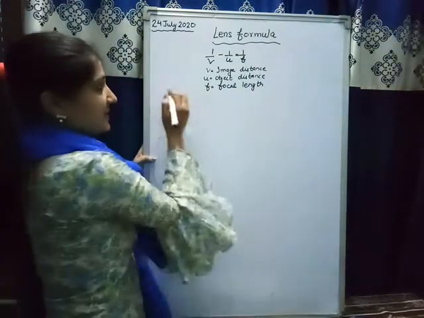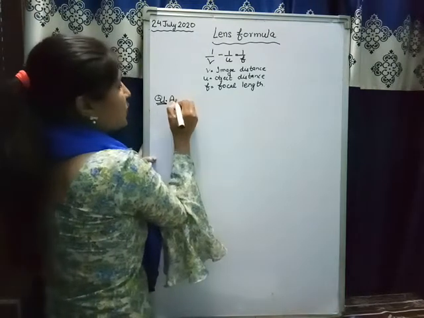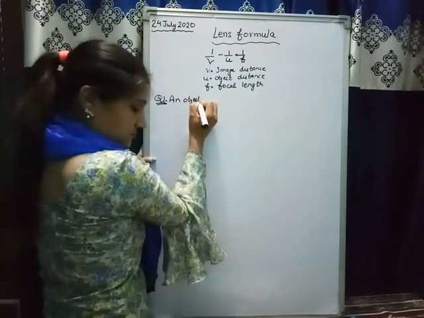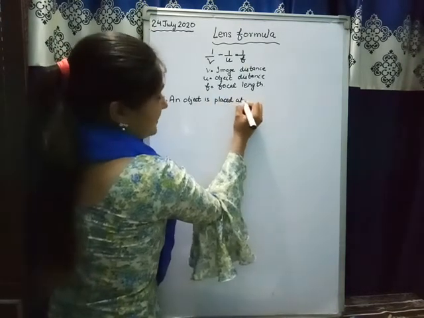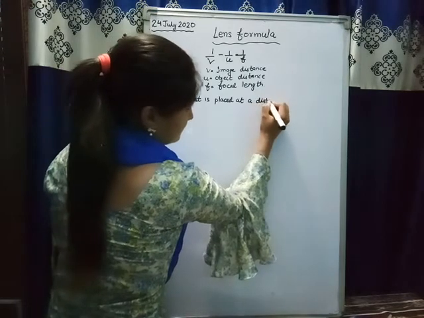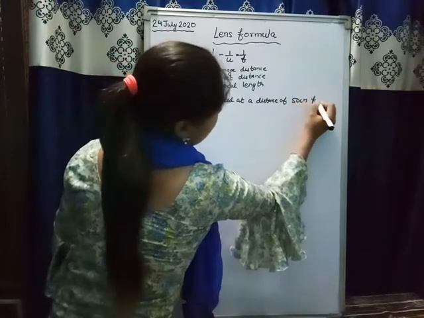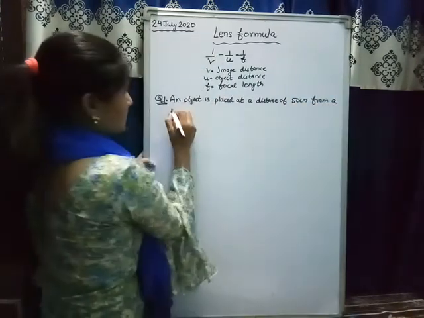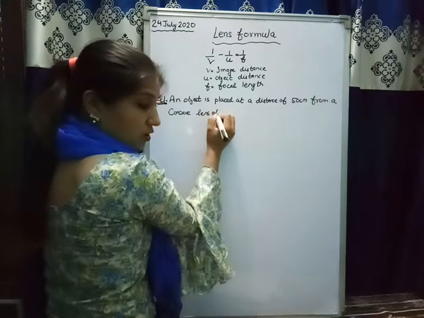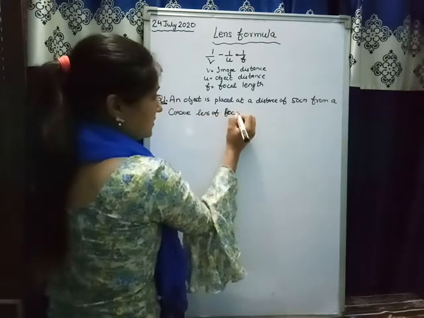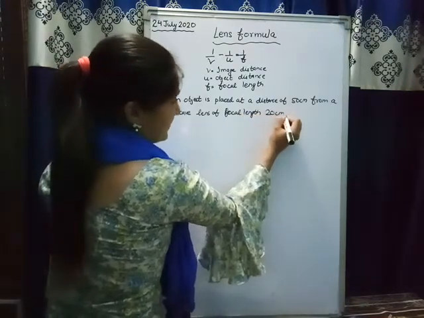Okay, now let us take an example. Let us take an object placed at a distance of 50 centimeter from a concave lens of focal length 20 centimeter.